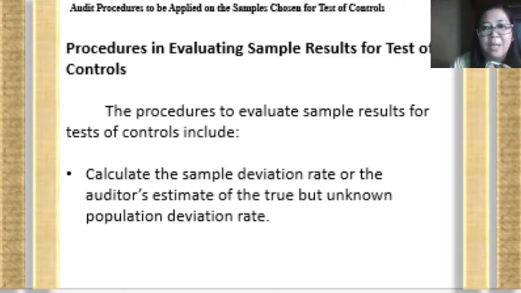Okay, so we have here the following procedures in evaluating sample results for the test of controls. What are the procedures to evaluate the sample results? First, once there is already a result of the evaluation of the samples, the auditor will calculate the sample deviation rate, or the auditor's estimate of the true but unknown population deviation rate.